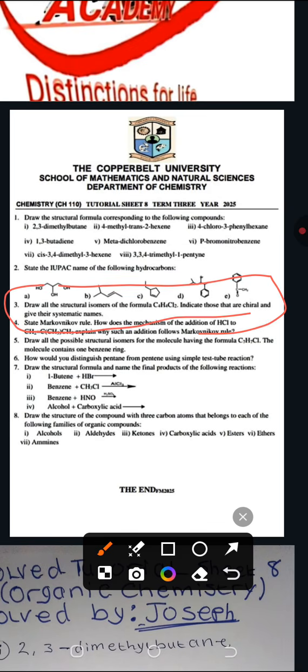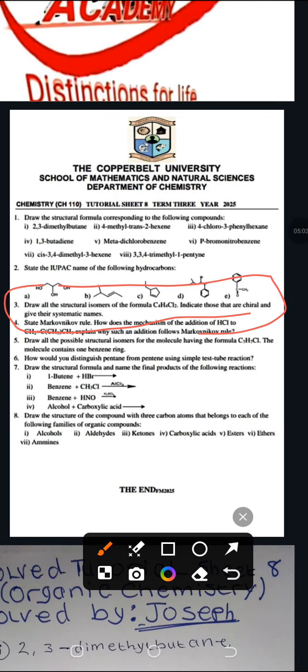They asked that we draw all the structural isomers of the formula, that one there, indicate those that are chiral and give their systematic names. And actually, there's a question that they brought in sessional. They asked about the chirality. I've just forgotten the year, but they have brought this before.